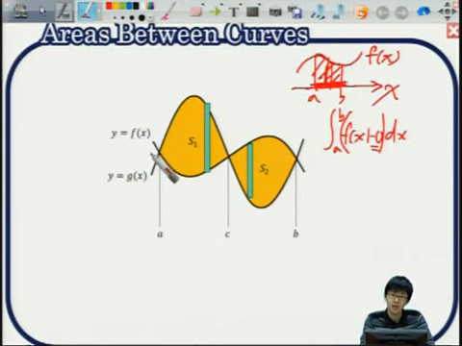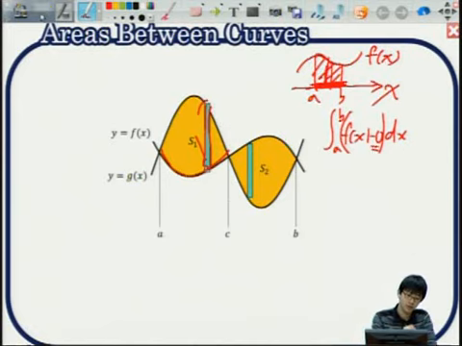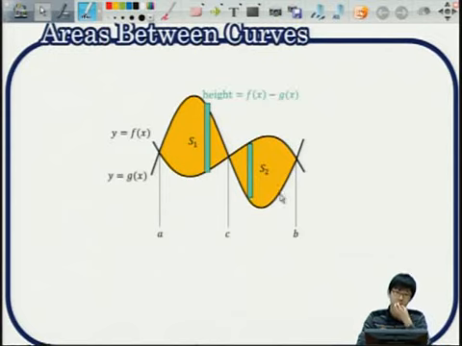But here, this bottom is not a flat line, so this height will be f(x) minus g(x). Let's look at the slide. So this height will be f(x) minus g(x), and this height will be g(x) minus f(x), because in this area g is bigger than f, right?